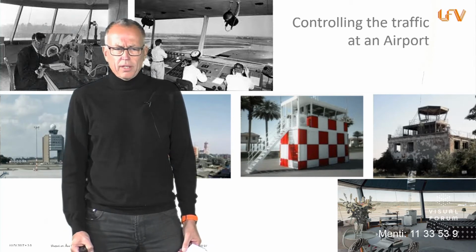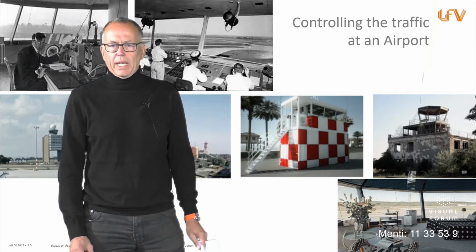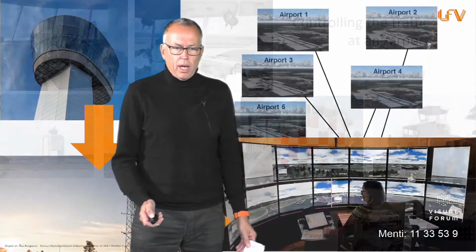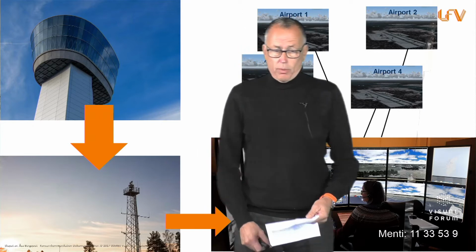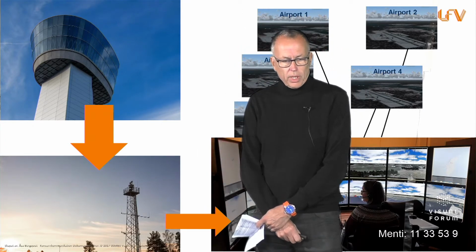Why is that? Someone said a couple of years ago, there is no need to build any new air traffic control towers. I'll show you. Okay, here we go. This is quite a flashy tower, as you can see, but actually it could be converted into a mast.